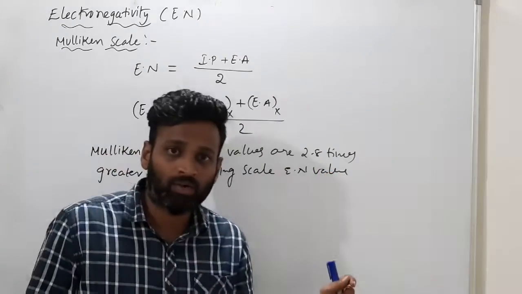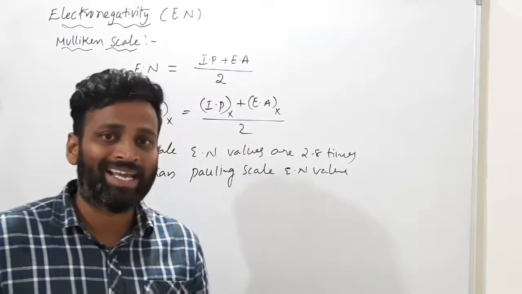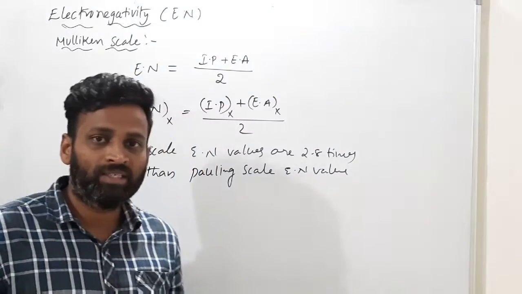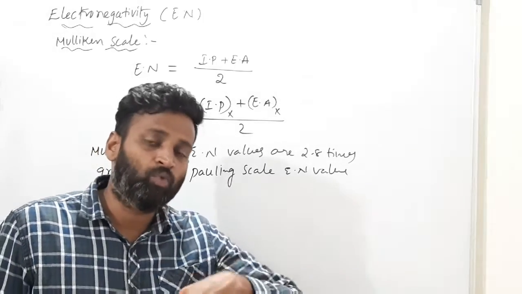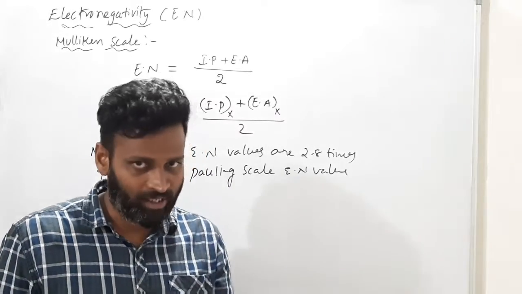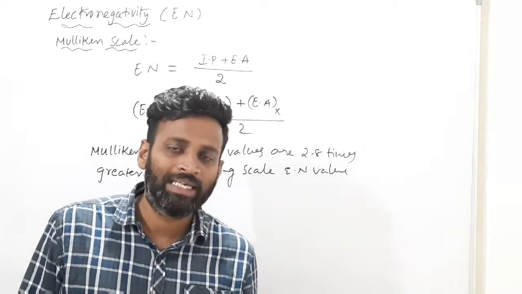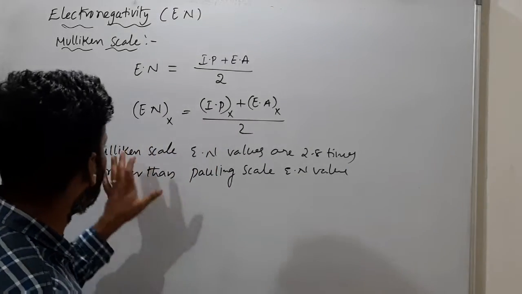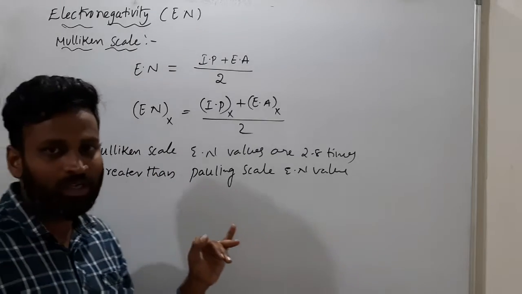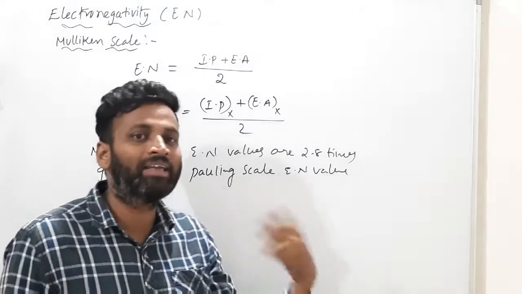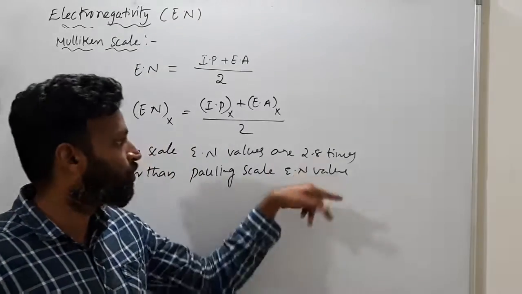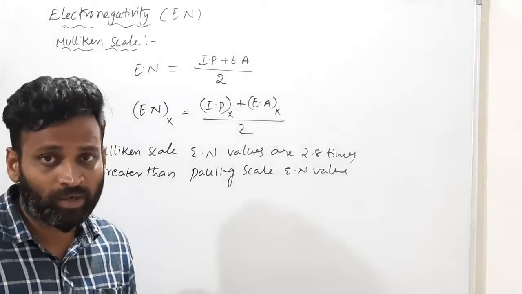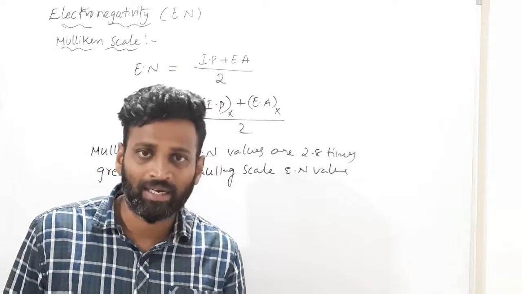So Pauling scale electronegativity values are accurate, because the Pauling scale electronegativities were calculated by using bond energies, which are absolutely accurate. So comparatively, Mulliken scale electronegativity values are correct but higher: 2.8 times greater than Pauling scale electronegativity values for a particular atom.